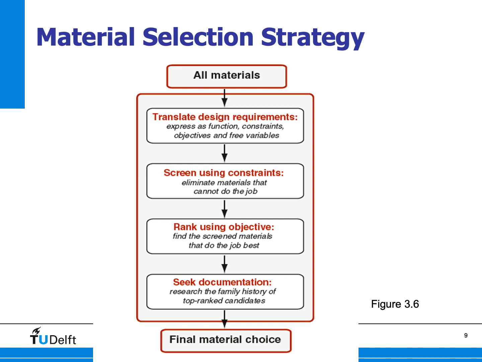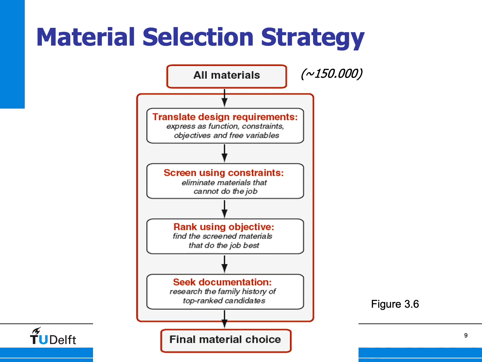If we start with all materials that are available to us here at the top, which is around 150,000 different engineering materials, we first have to translate the design requirements and express them as a function, constraints, objectives, and free variables. Now, what I exactly mean by that will become clear in the example on the next slide.